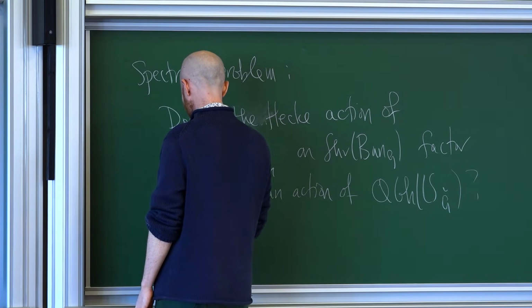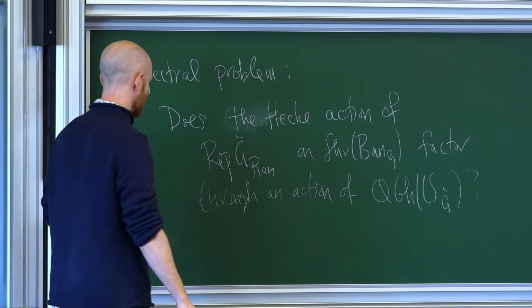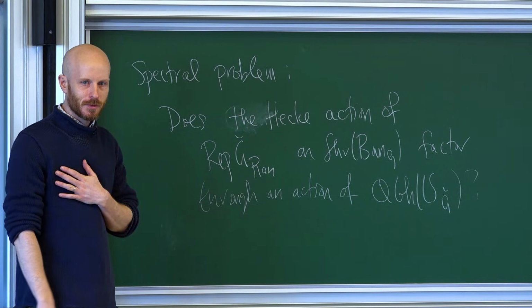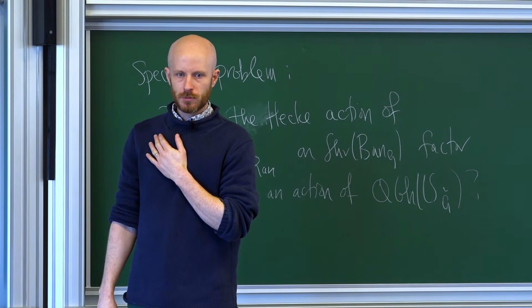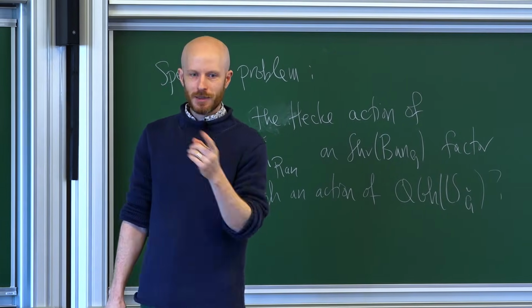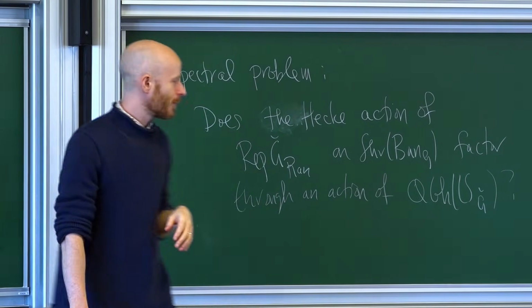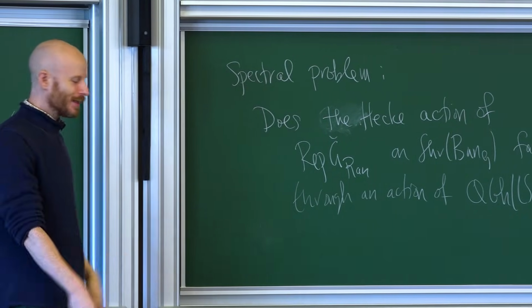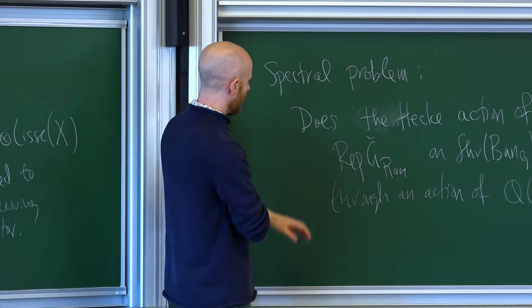I'll make a remark about this in just a moment. But these evaluation vector bundles, what do they generate inside QCoh? Great question. I'll come back to that in just a second.